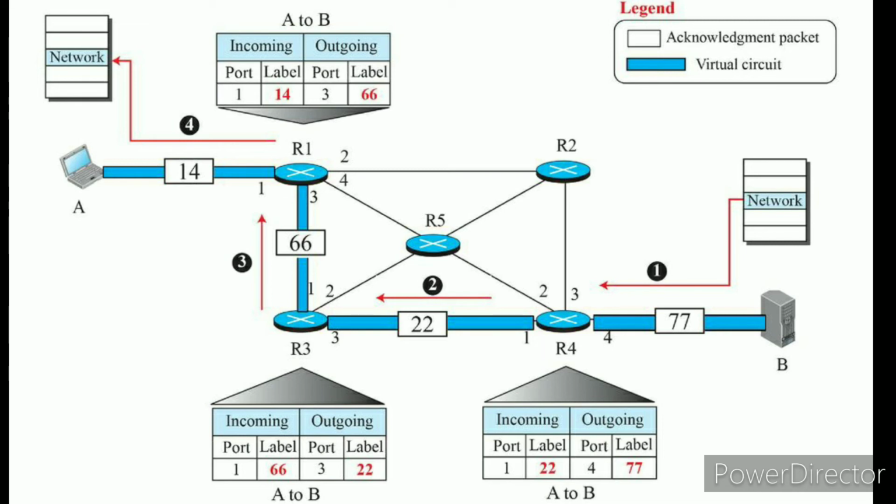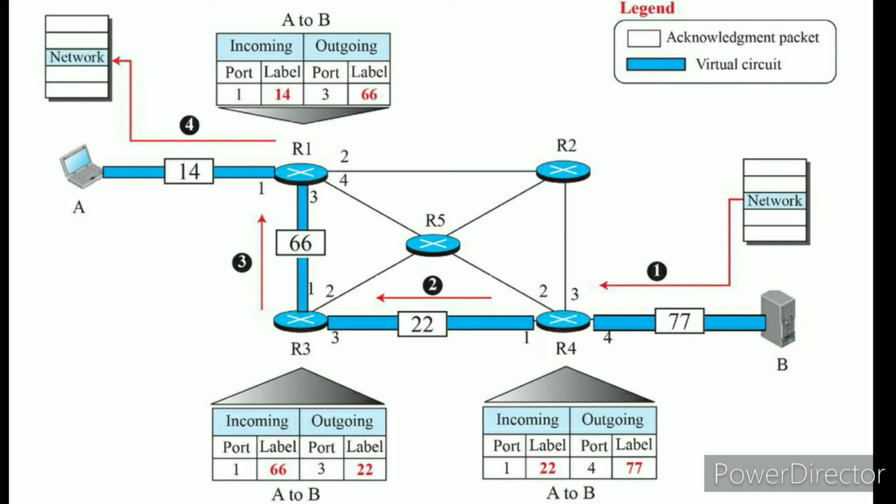R4 will send the same packet through port 1 with the label 22. So this label 22 will be filled in the outgoing label, and the packet will be sent to R1 through port 1 with the label 66 over here.